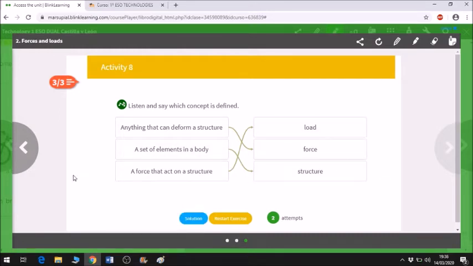I've got a final question for you. Do you have a structure? Yes, you have a structure. Your skeleton is your structure. Your bones are your structure. Is it a natural or man-made structure?